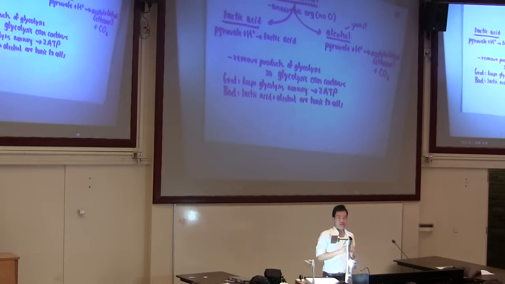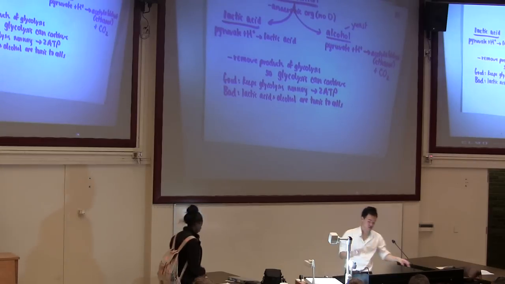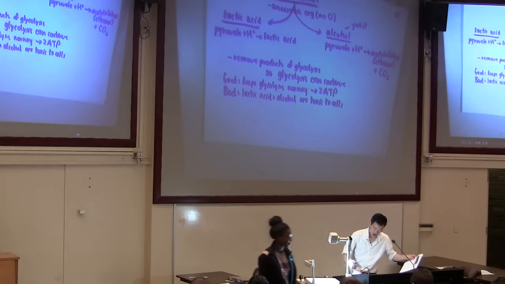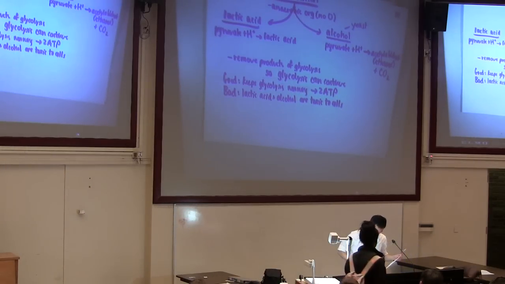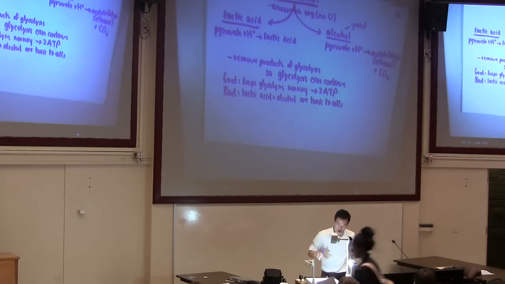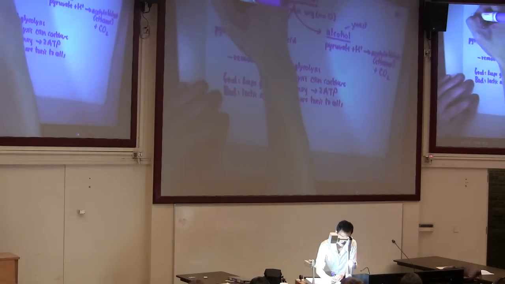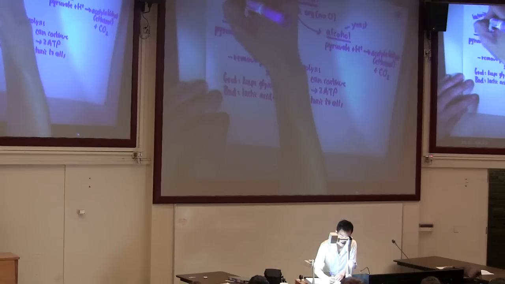Can you think of something that does lactic acid fermentation? Yeah, so our muscle cells do lactic acid fermentation when you run really hard and you run out of oxygen, right? So bacteria in general do lactic acid fermentation, and sometimes humans, right?